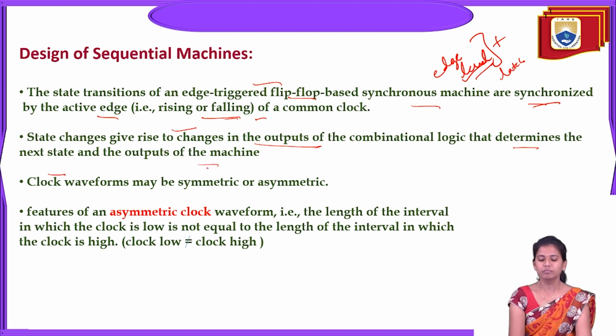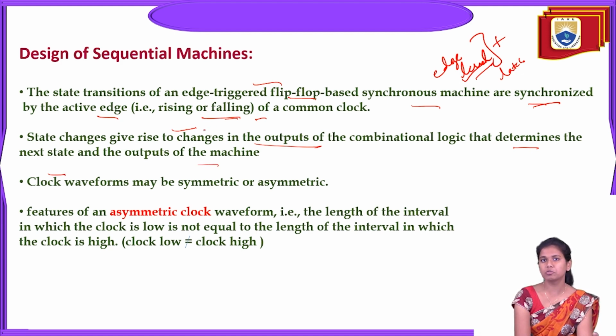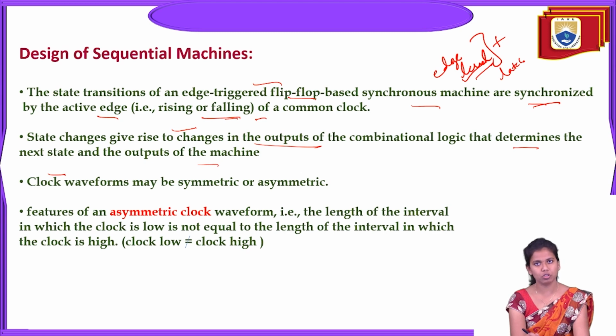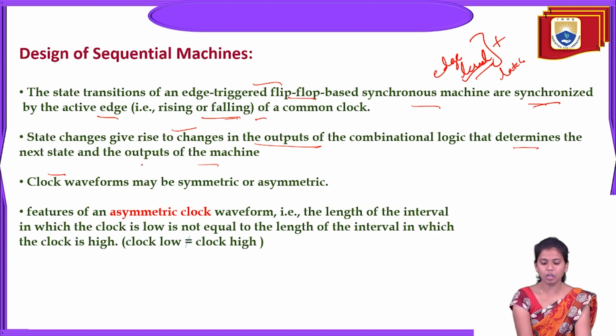So here, because of this edge sensitivity of the flip-flops, in terms of rising edge or falling edge, the state changes can give rise to changes of the output. We see the changes of the output based on the next state and the outputs of the machine.